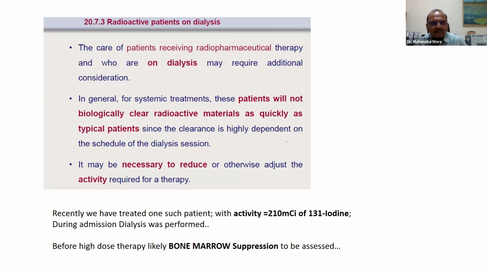The only thing is that if the activity remains in the body for a longer time, bone marrow suppression may also happen for a patient. The patient was given a very high dose of 210 millicurie, so that was likely, but somehow we could manage the dialysis part on time, and we could have the appropriate counts in the bone marrow cells.